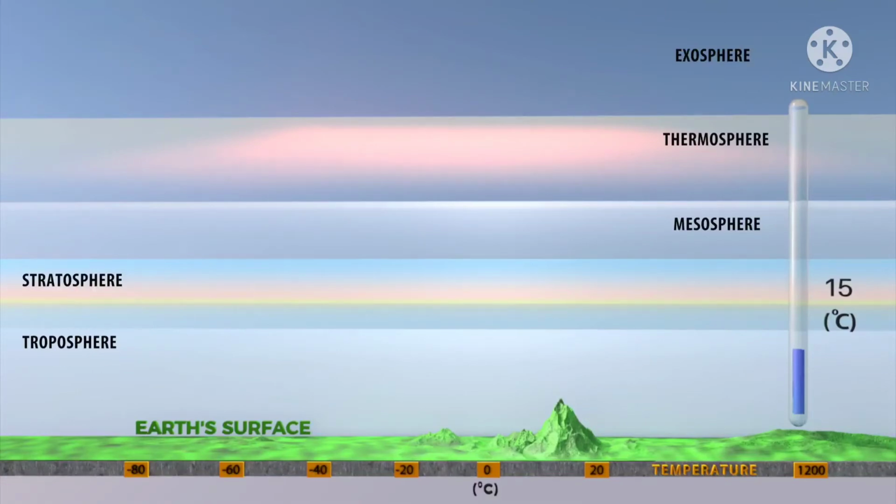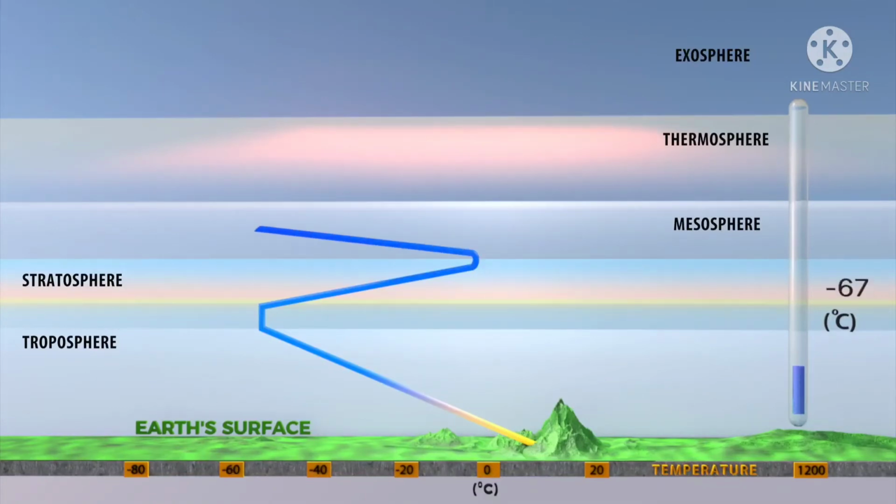Temperature versus height. In the troposphere, stratosphere, mesosphere, thermosphere and exosphere, there are various differences in temperature. You can see in the troposphere there is very low temperature.